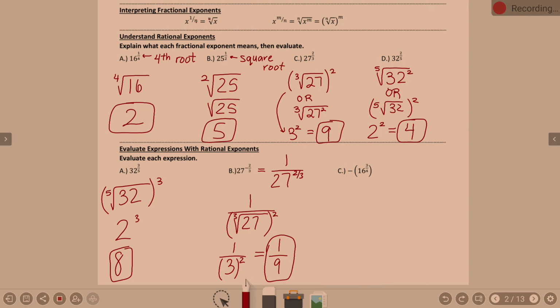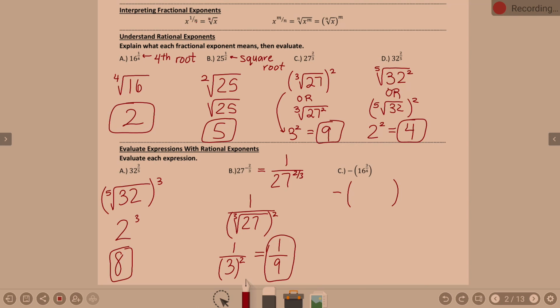Okay. One more. What changes up this time? We have a negative out front. Does that affect my exponent? No. A negative out front just means my final answer is going to be negative. Okay? Just worry about the 16 to the 3/4. So this is negative. How do we deal with 16 to the 3/4?